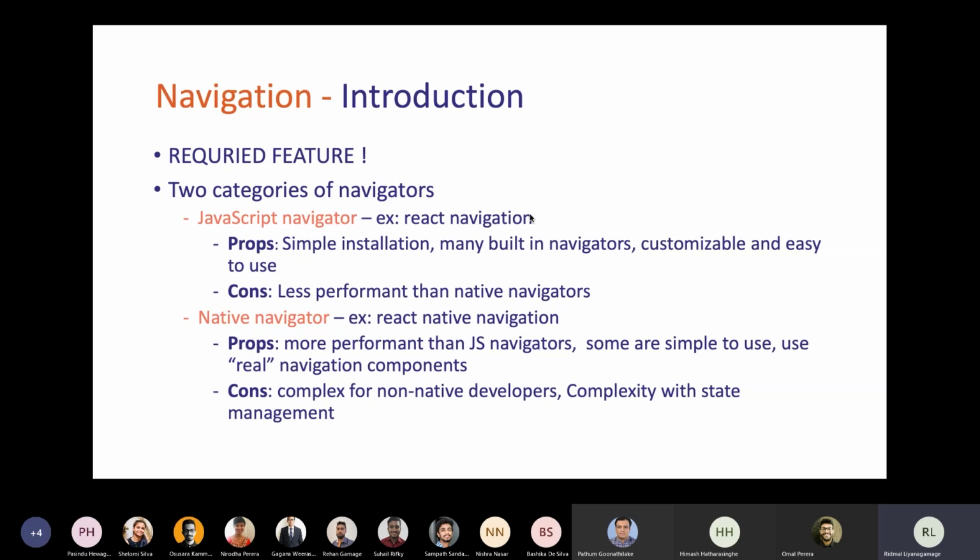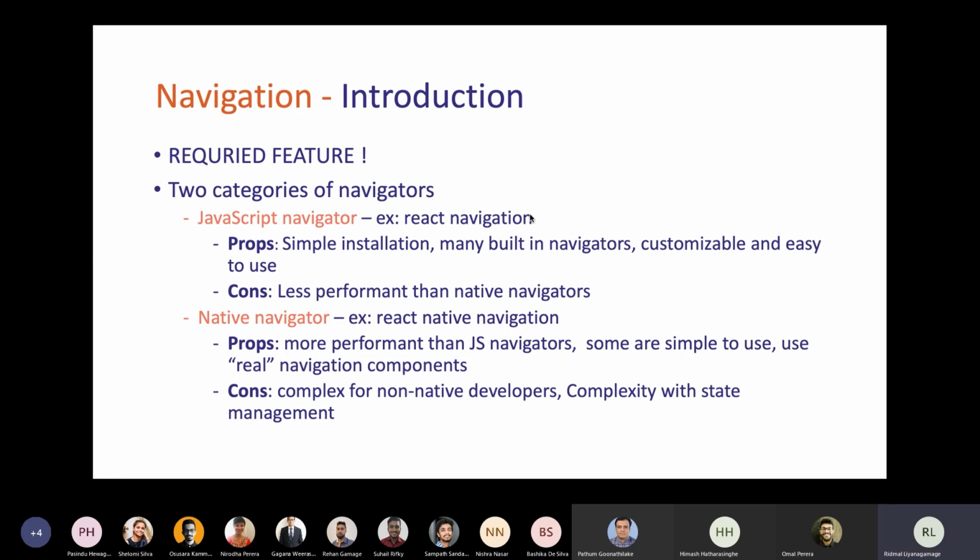Because of that, we can simply install it, and it provides many built-in navigators we can easily get and use. It is also highly customizable and easy to use. The disadvantage is that it is less performant than a native navigator, since it only runs on the JavaScript side. If we go with the native components, it will be faster than that.